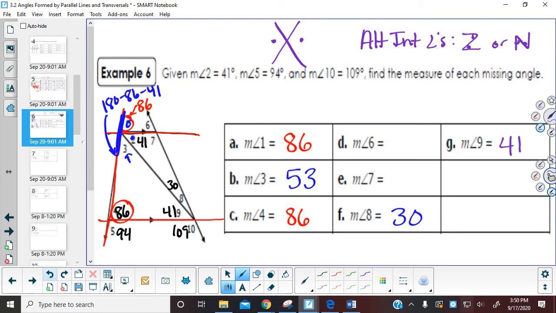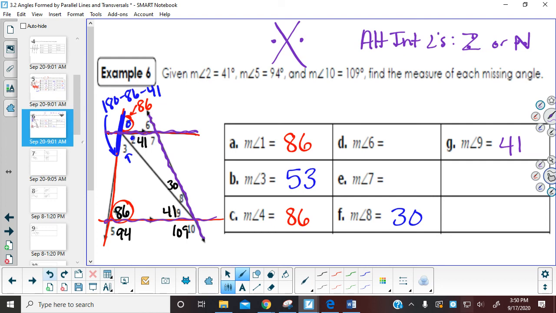Okay? The last thing here is when I look at this right side. So I'm going to do this in a different color yet again. I know I'm drawing all over this picture. If I look at these parallel lines, here and here, I can look at this transversal now. If it helps, you can cover up the entire left side of your picture.